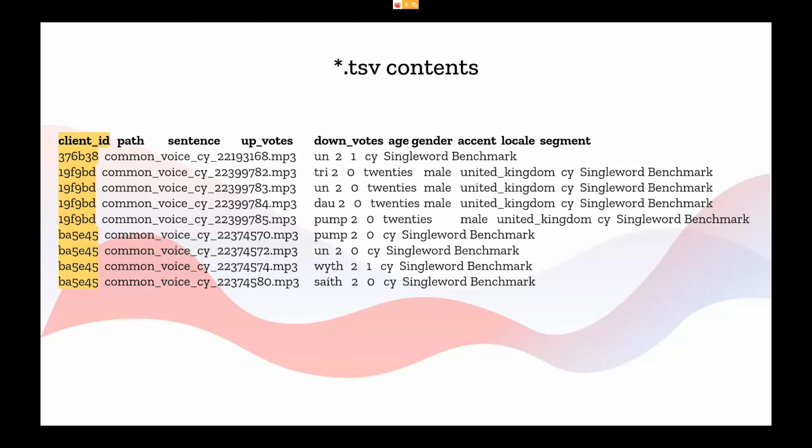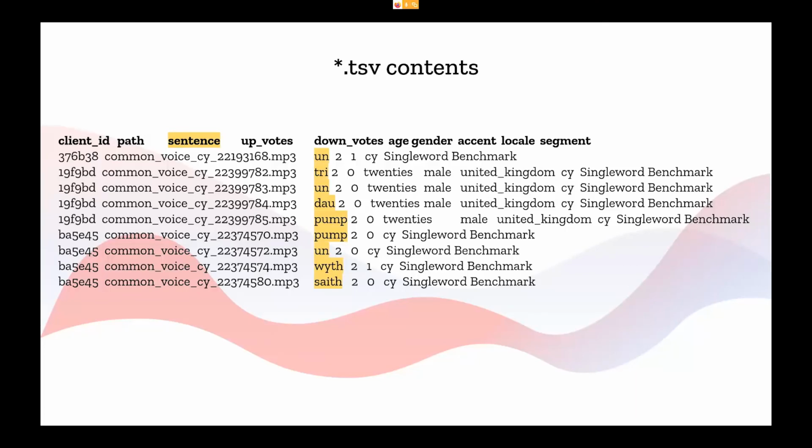So we have client ID, we have path, which contains information on the file name. We have sentence, so this is what the person read out loud. And this is from the targeted segment corpus, the test set for Welsh, I'm pretty sure.